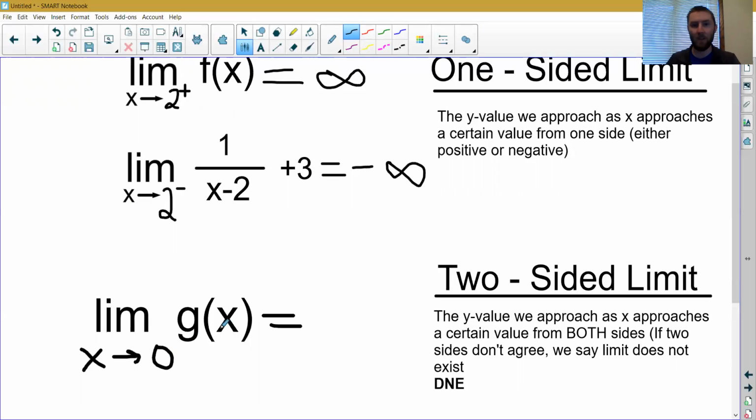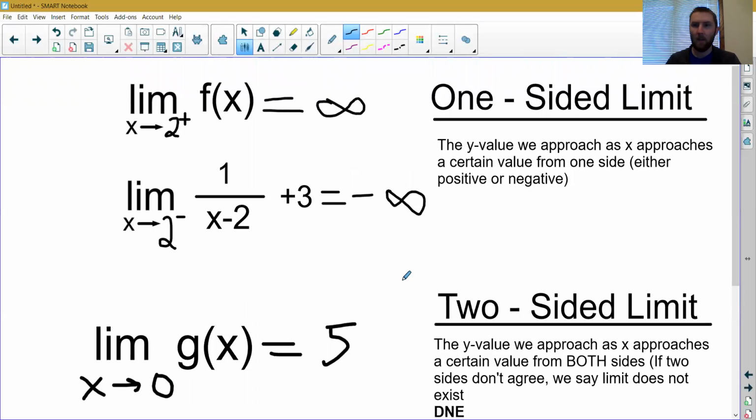If not, then we would say DNE. But let's say the limit as x approaches 0 of g of x might be 5. Both sides might think we're getting to y equals 5. So two-sided limits do not have the positive or negative. Both sides have to agree for that to exist. One-sided limits we can always write. We just have to denote from the positive, from the negative.